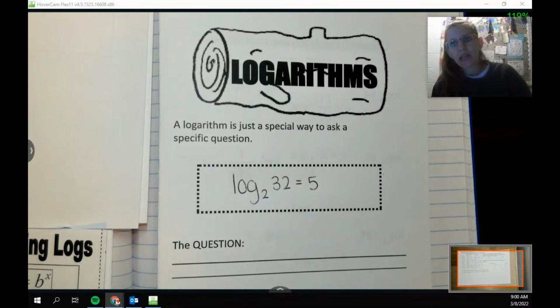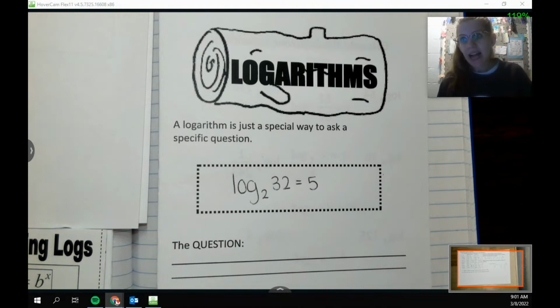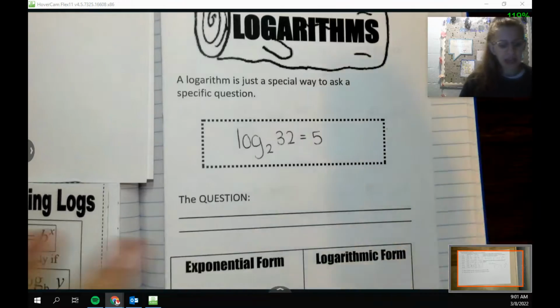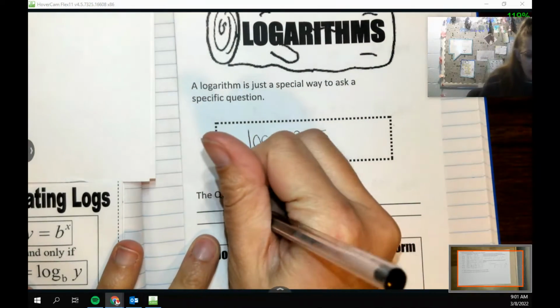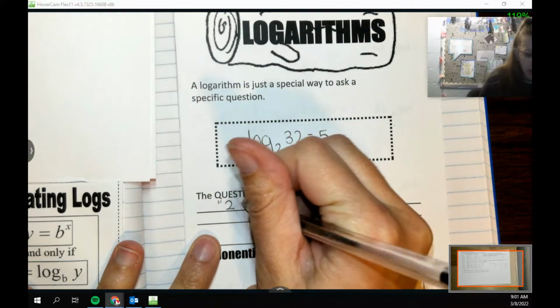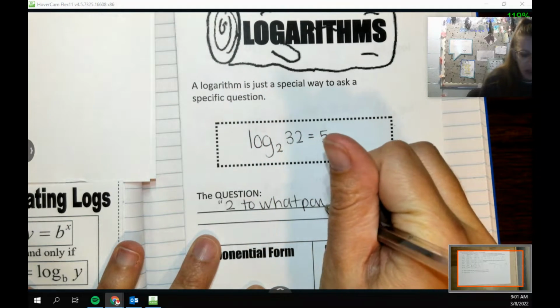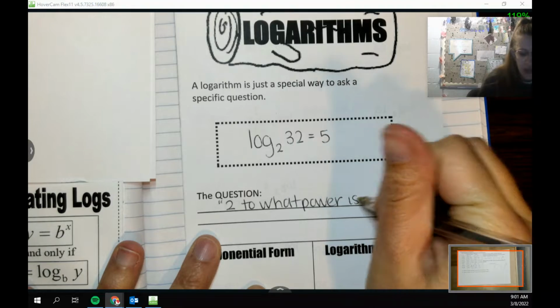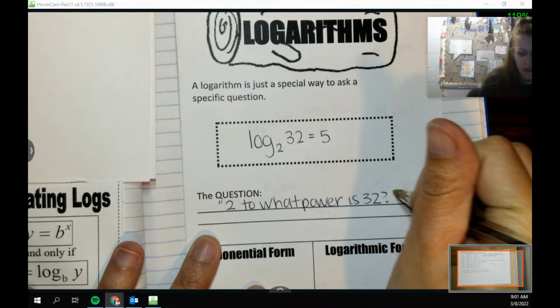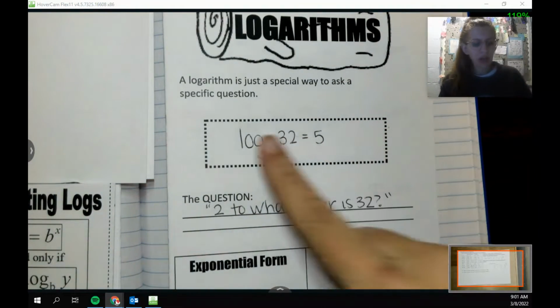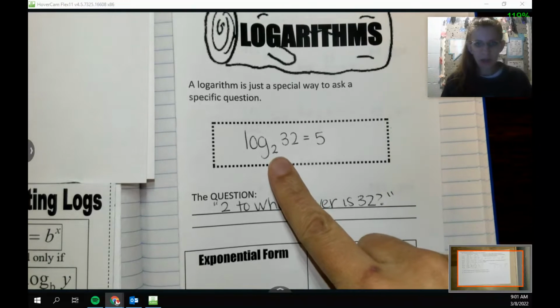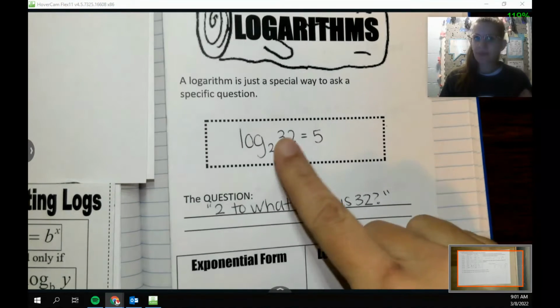And that's because what a logarithm is asking is this base number, so 2, to what power is 32? So a logarithm is asking this number to what power is 32?